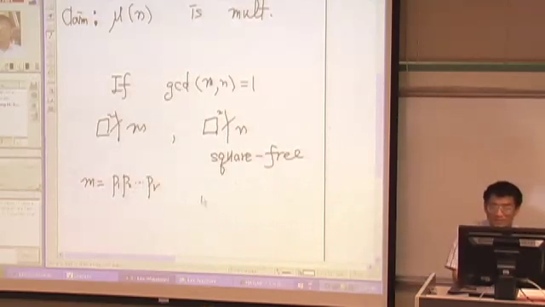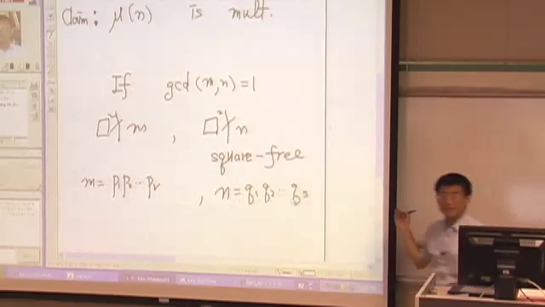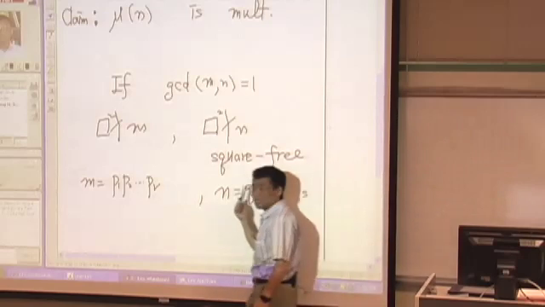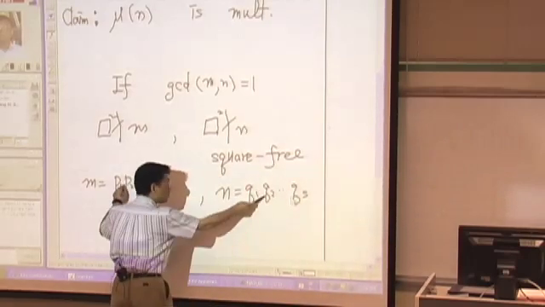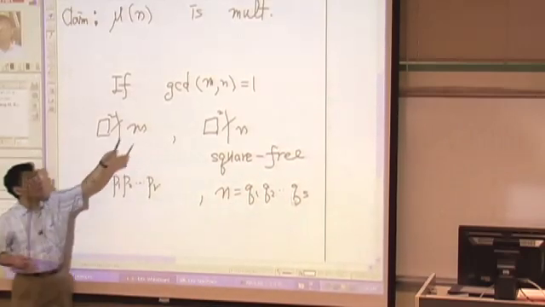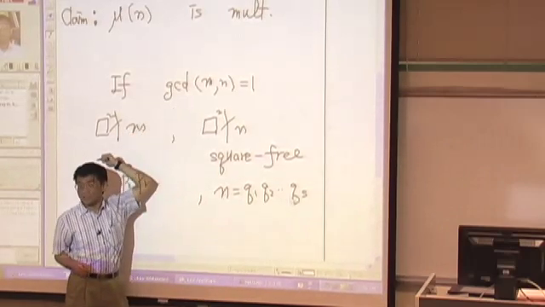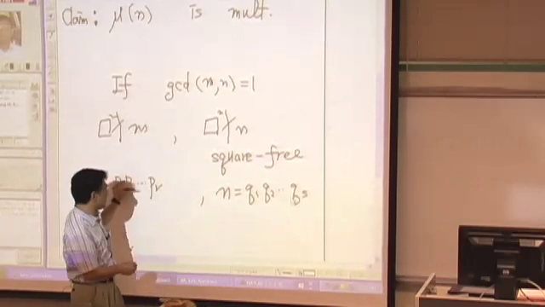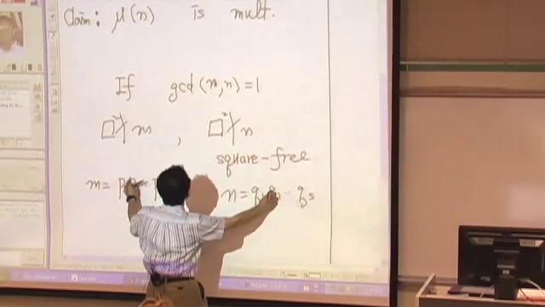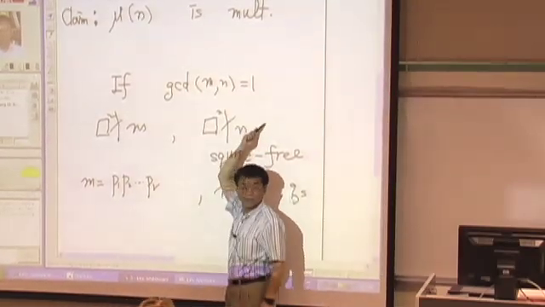And then n can be written as some product of distinct primes. Do you get it? Will there be any chance that some prime here and some prime here are equal? Impossible. If there is some prime here and some prime here equal, then GCD cannot be 1.